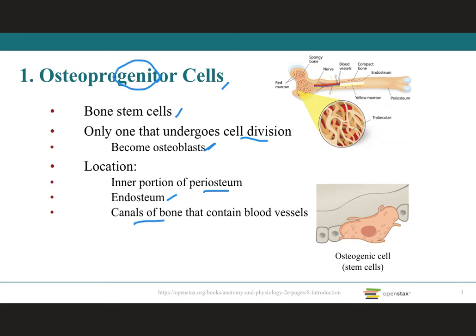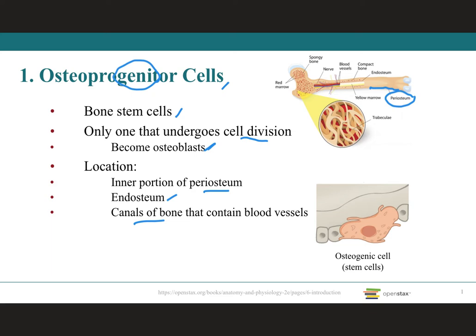The periosteum is the lining of connective tissue around the outer portion of the bone, as we can see over here. Just like we talked about earlier when we covered cartilage, remember that we had a structure of connective tissue called the perichondrium that covered the outside of the cartilage. Well, it's the same concept with a similar name, but now instead of being named after cartilage, it is named after bone.